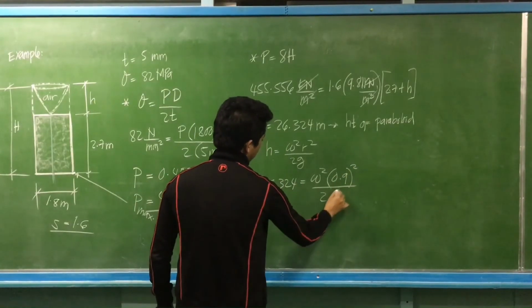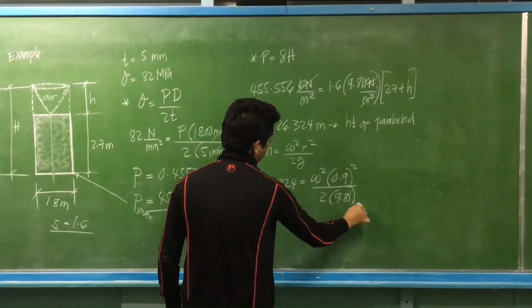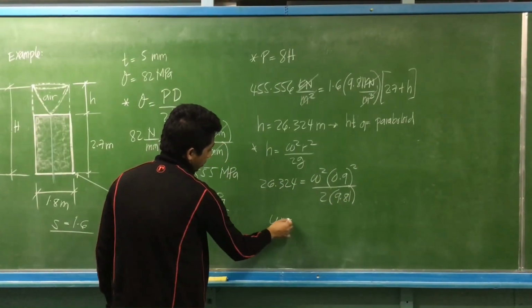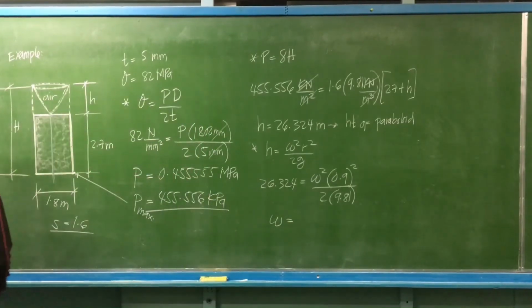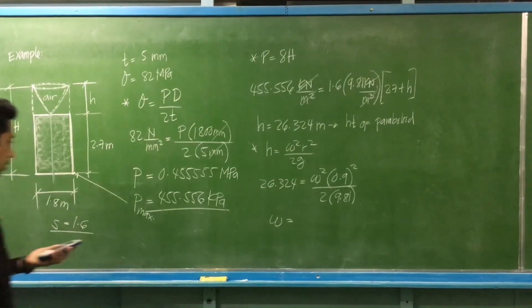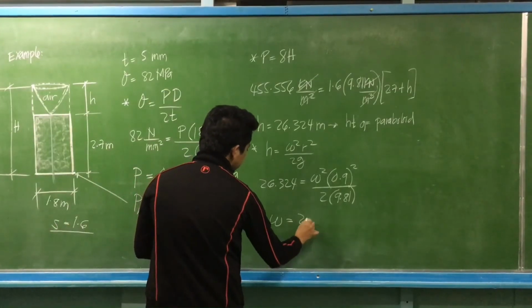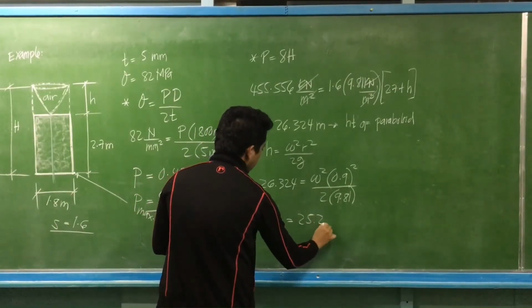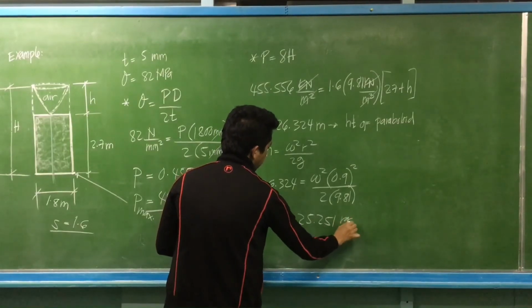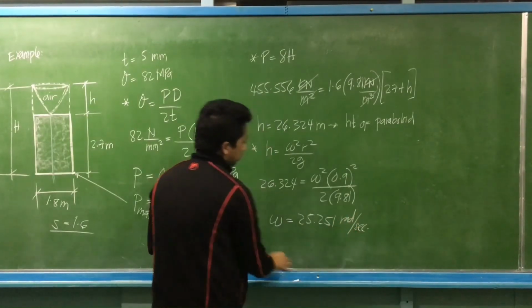This is divided by twice of 9.81. We have the angular velocity is equal to 25.251 radians per second.